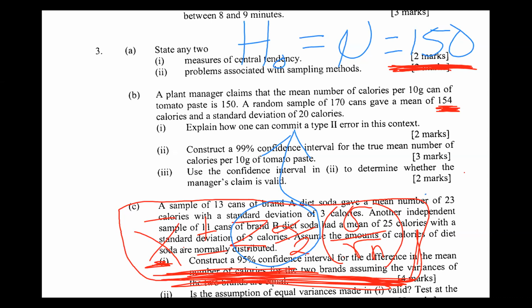So this one is coming from the table. Then the standard deviation is given in the question. And n is the sample size, how huge the sample is that you selected. You selected a sample of 170 cans, right?